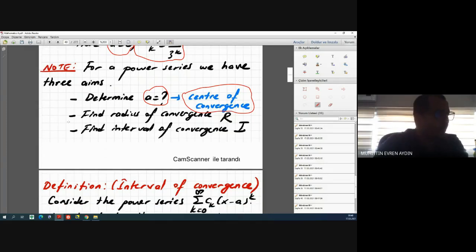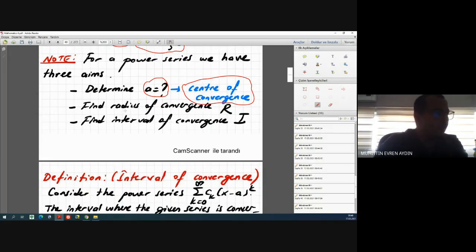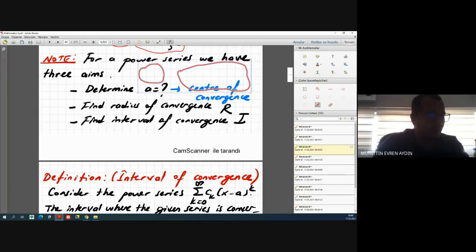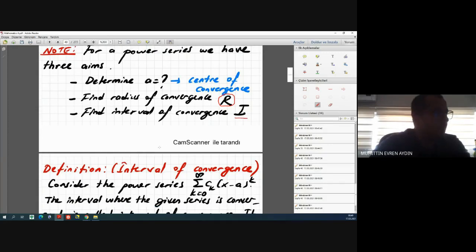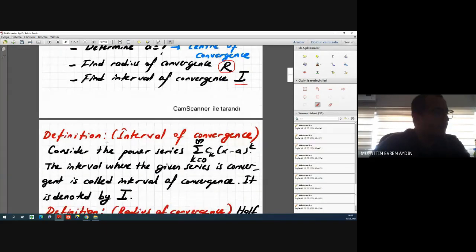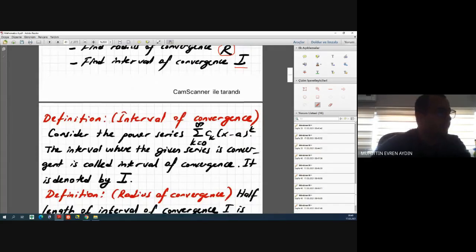The second point is to find the radius of convergence, R. And the last point is to find an interval of convergence, I. So let's formally define those notions.